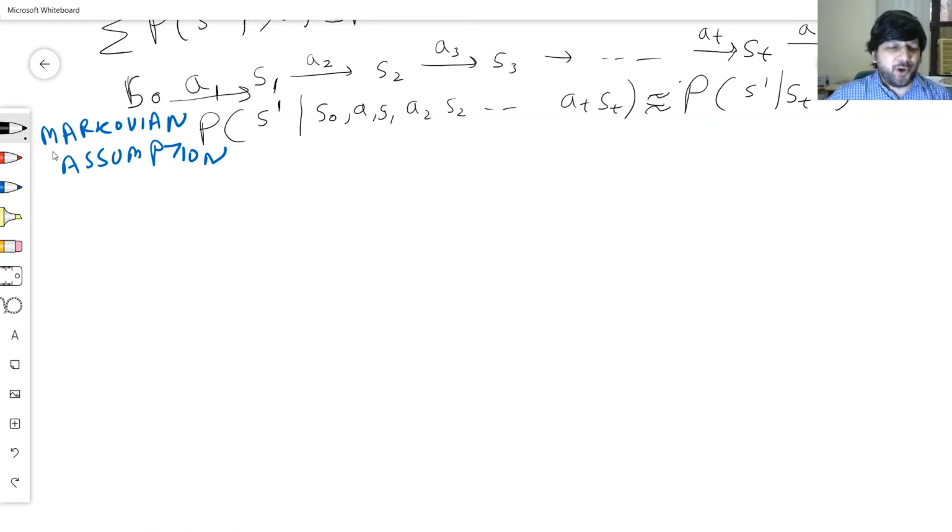So in order to model the problem completely, I will define something which is called the reward. So the reward is the immediate feedback.